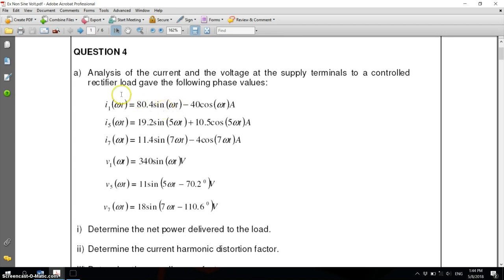To solve this, you need to convert whatever, either current or voltage, which is given in terms of An and Bn, into the equivalent Cn, the coefficient Cn.